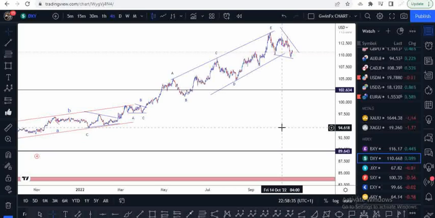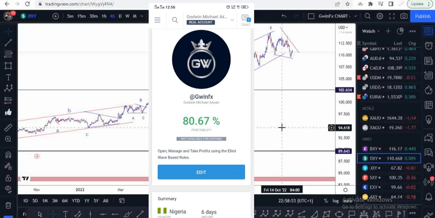All right. So I know some few traders that have actually asked, Gwen, how have you been managing your positions with Elliott Wave, and is Elliott Wave really profitable as you claim? All right, so here displayed on my screen is my profitability chart, and my name is Gwen Michaels, and you can also see that I have been able to make 80.67% in the last 6 days.